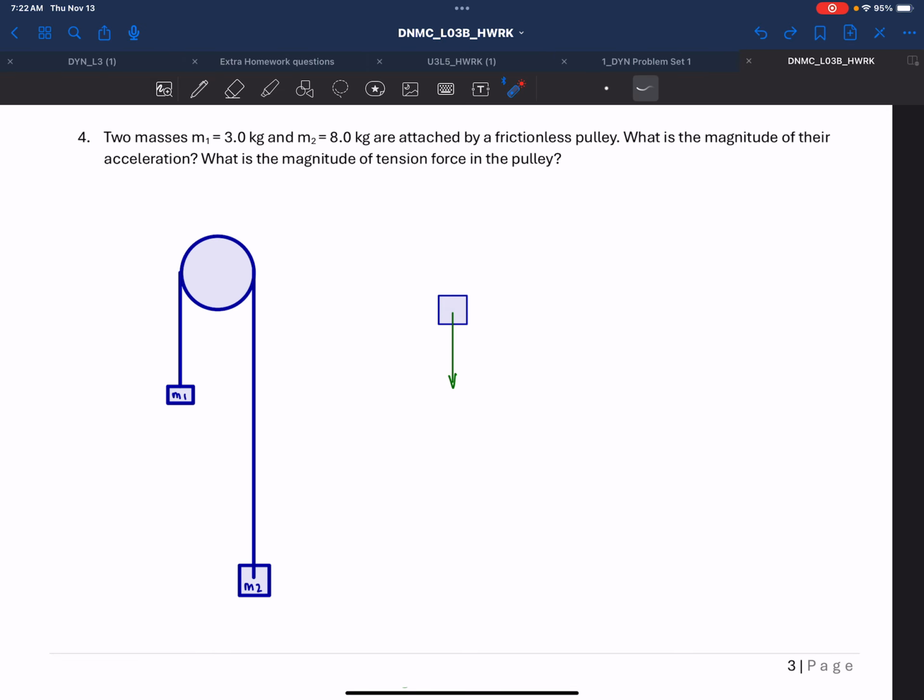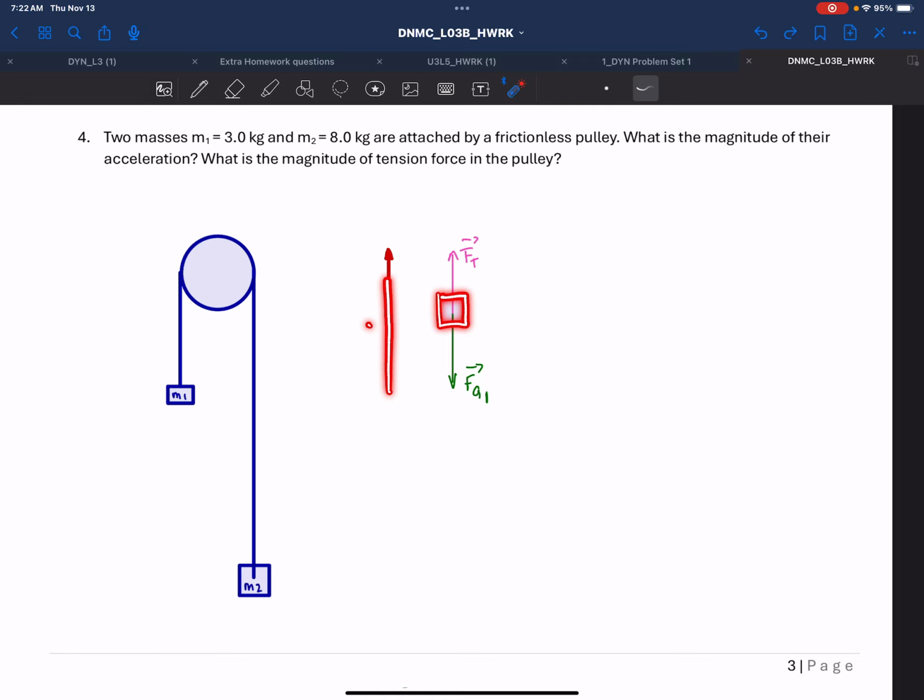be the force of gravity on M1. Now, the force of tension will be along the rope, and it will oppose the gravity. And the direction of the motion will be up because this is the lighter weight, which means that the resultant force, or the net force of gravity and tension, will make this object go up.